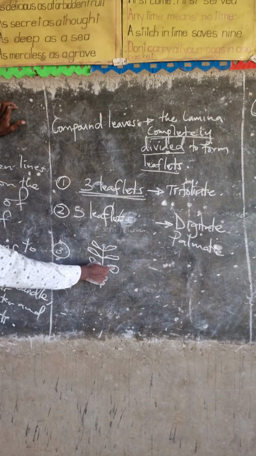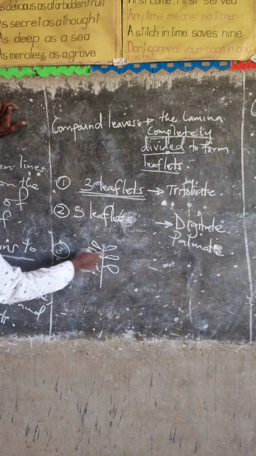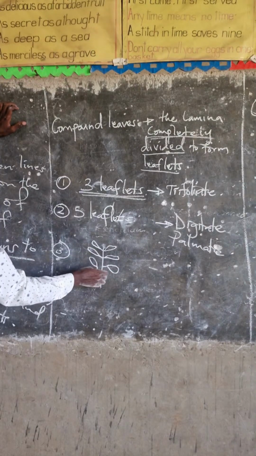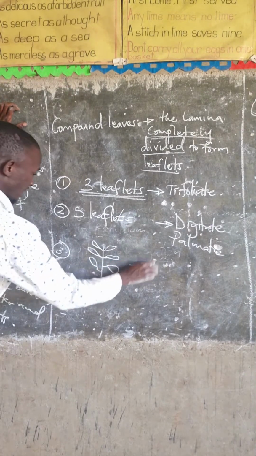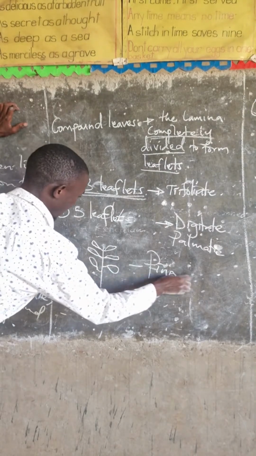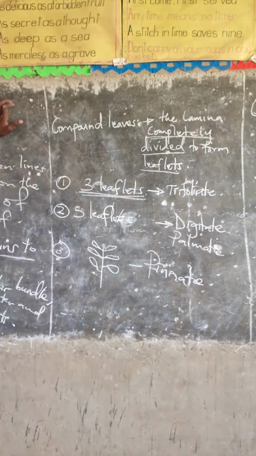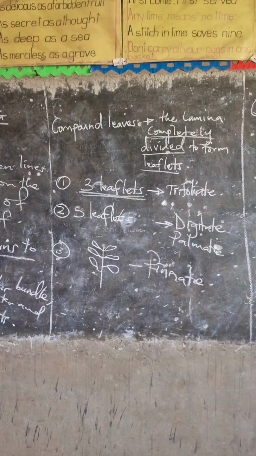This is an alternating arrangement. This is known as an opposite arrangement. This kind of leaf is known as a pinnate compound leaf, a compound pinnate leaf.